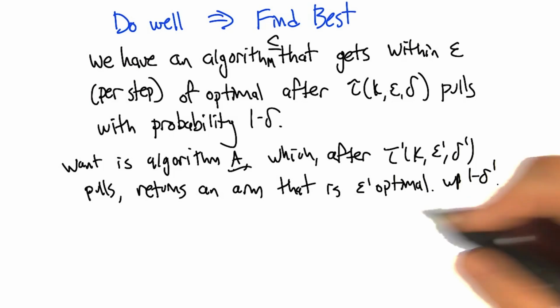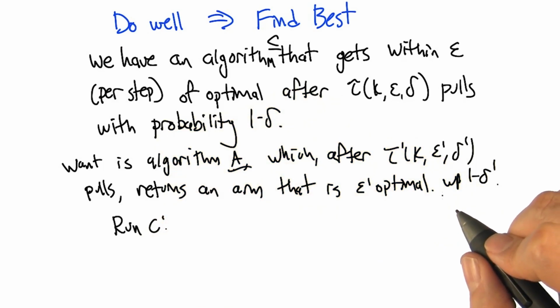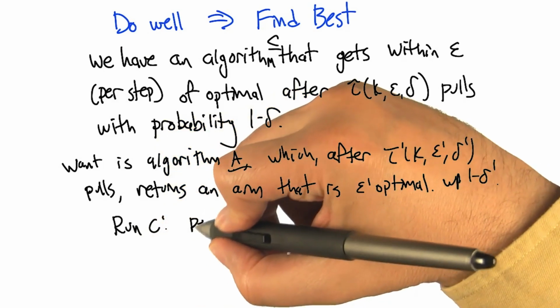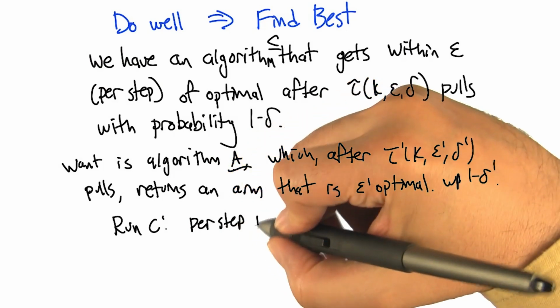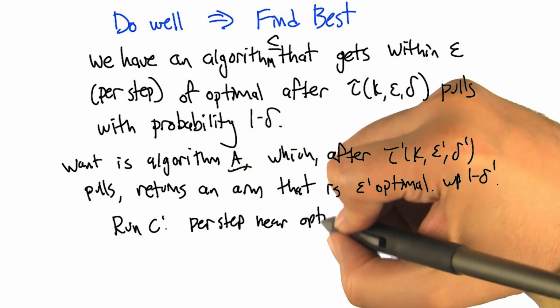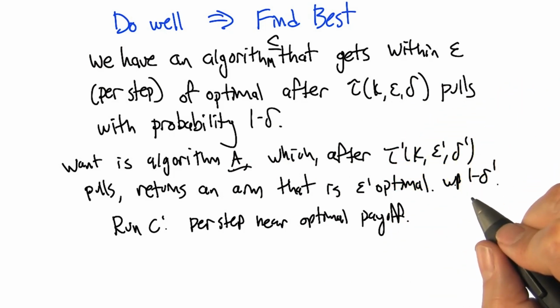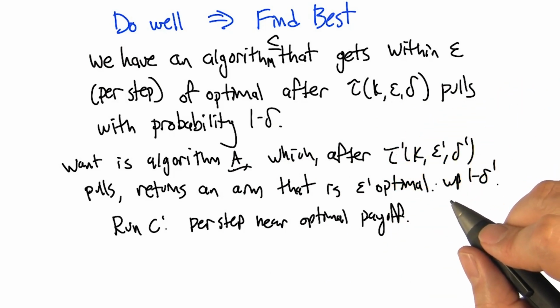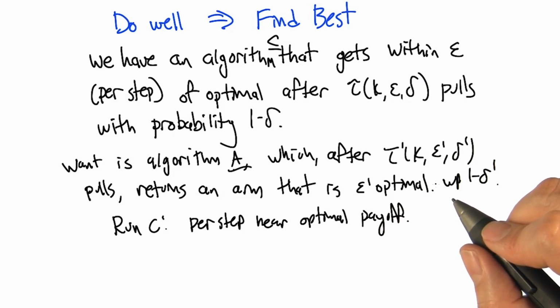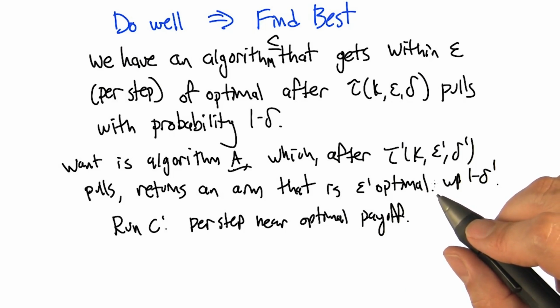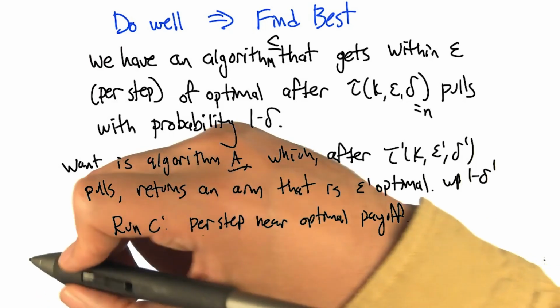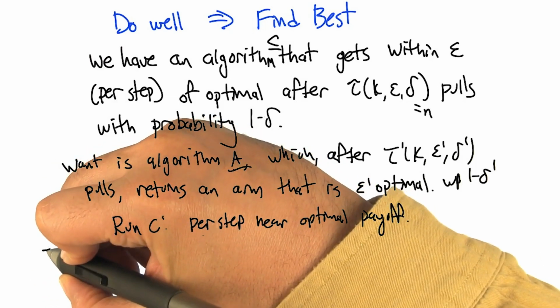So here's the half the answer. If I've run algorithm C and I've got a per step near optimal payoff, then one thing I know is that if I were to keep following whatever distribution of pulls of the bandit arm that I'd done before, I would still have the same per step average. So here's what we're going to do. We're going to introduce an additional epsilon looking thing.